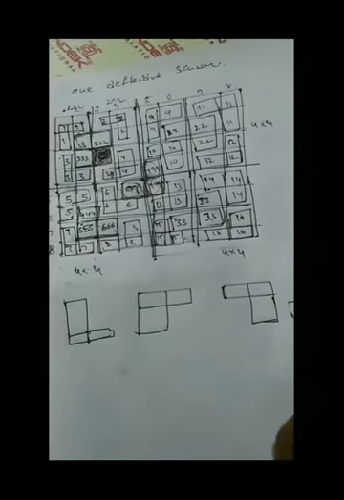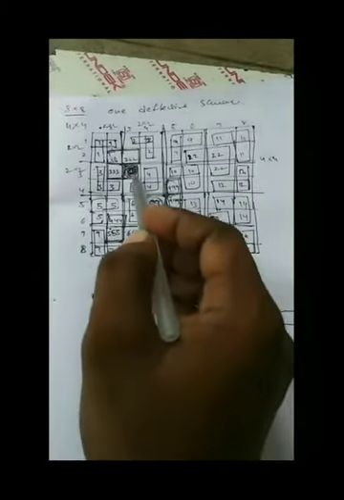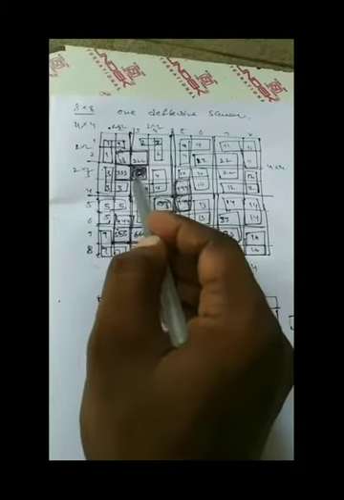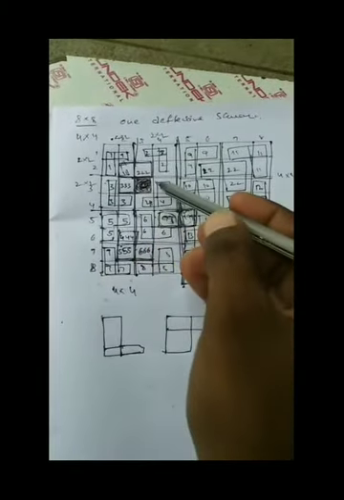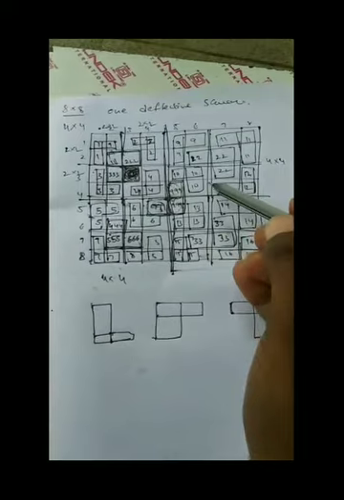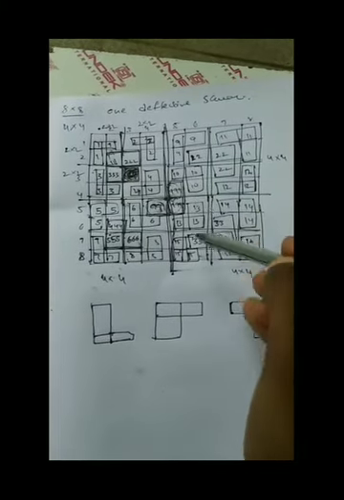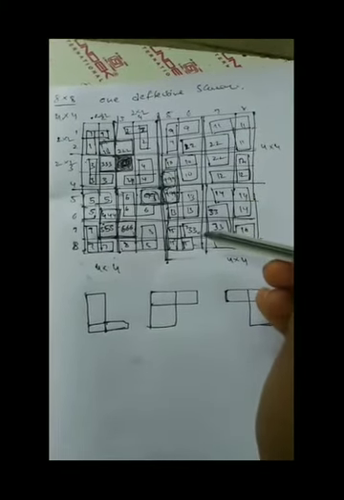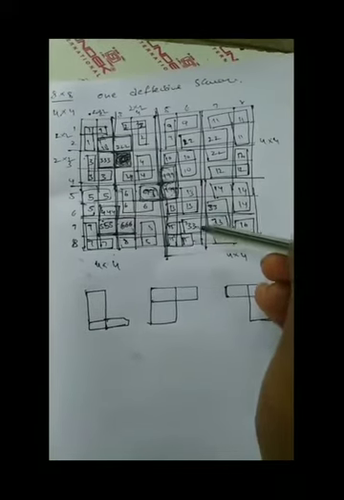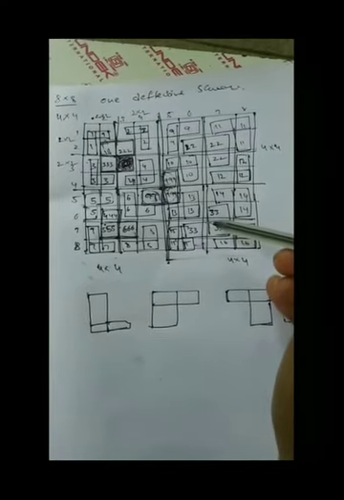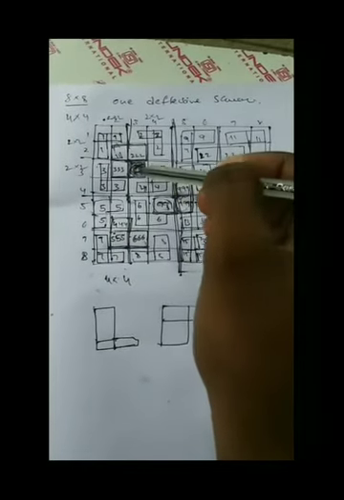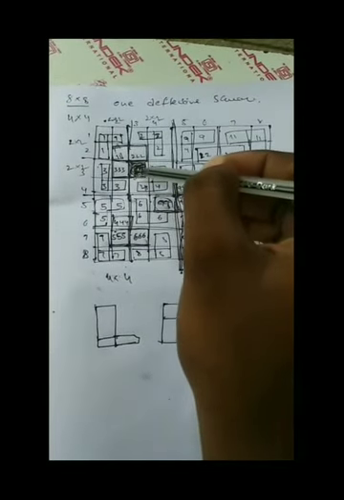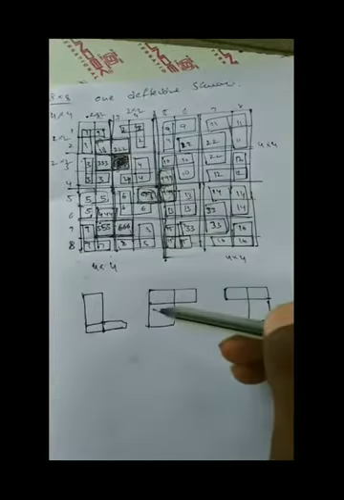These are the triominoes we used to represent the undefected ones. It consists of one defected square, and the defected square can be presented at any location of the chessboard. So this process is used to identify the undefected squares with one defected square in the given chessboard. Thank you all.